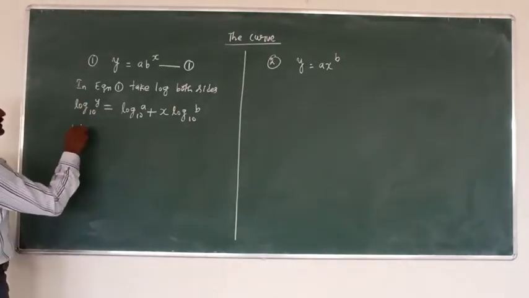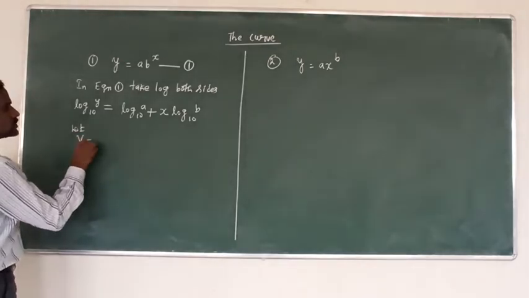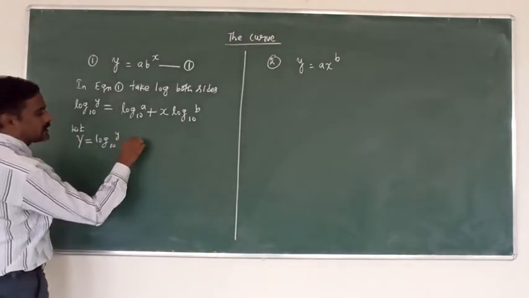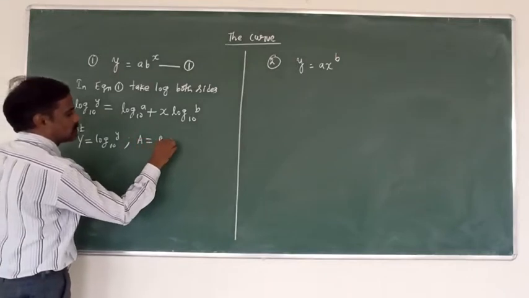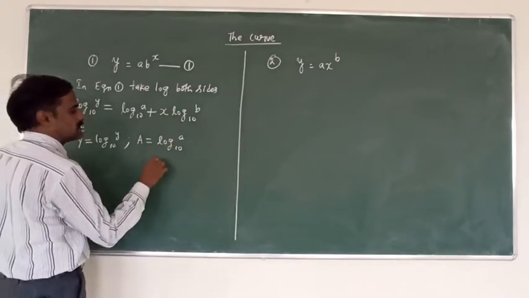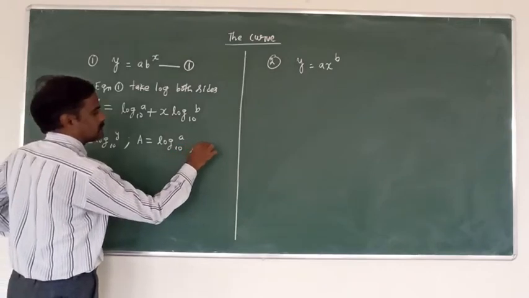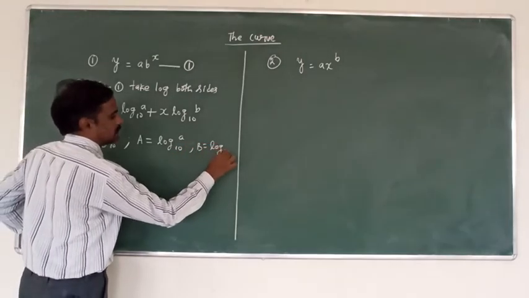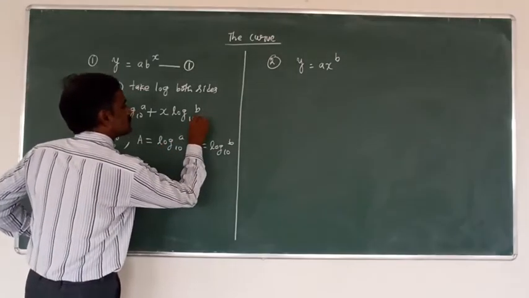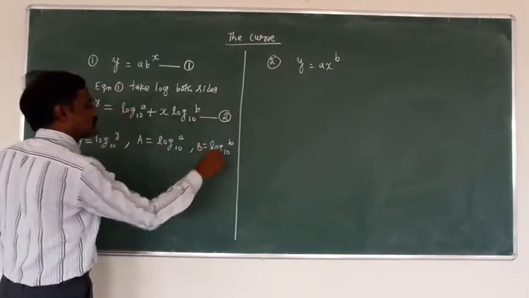Let capital Y equal to log 10 power y and capital A equal to log 10 power a and capital B equal to log 10 power b. This is equation number 2.